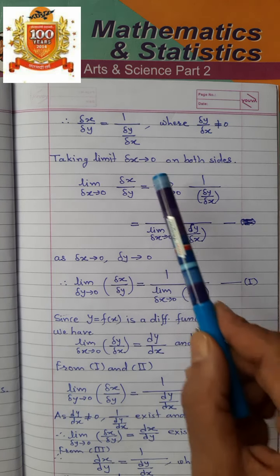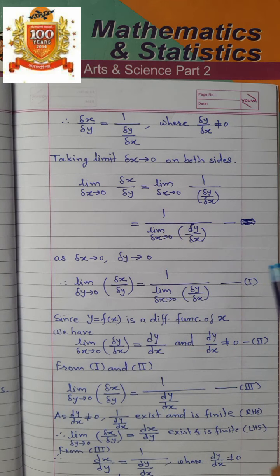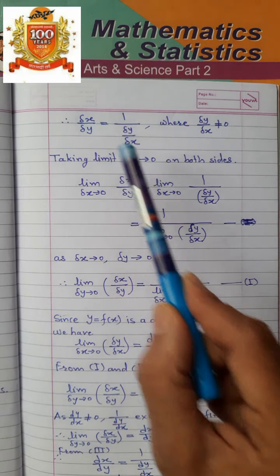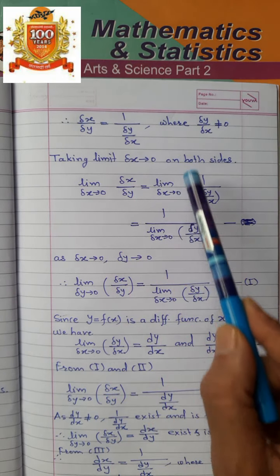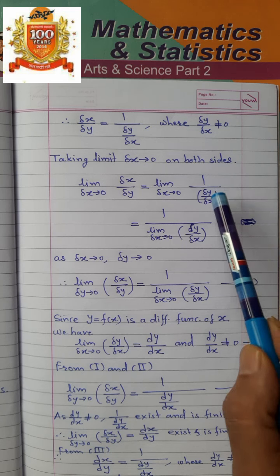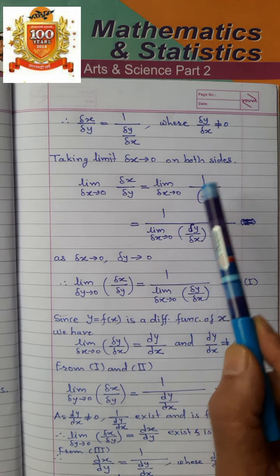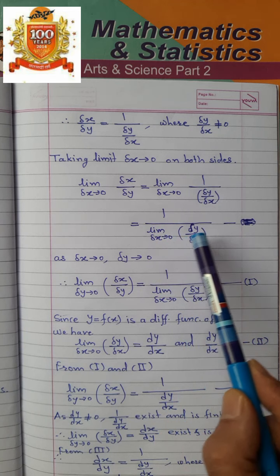Now taking limit del x tends to 0 on both sides, we get limit del x tends to 0 del x upon del y is equal to limit del x tends to 0 of 1 upon del y by del x. That is equal to, on RHS we can write 1 upon limit del x tends to 0 del y by del x.